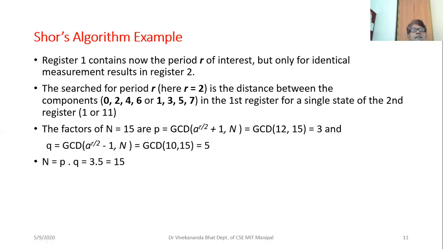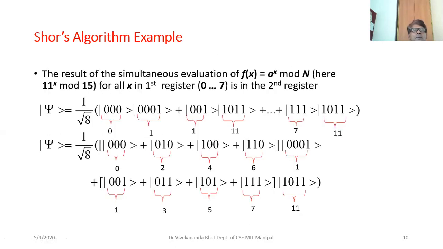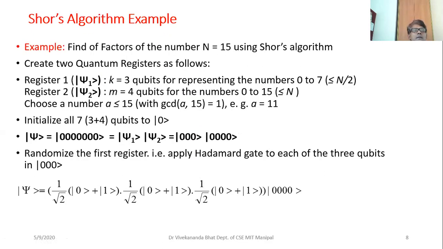So in this algorithm, one of the crucial steps is you have to make use of two registers, and you have to use qubits to represent register 1 and 4 qubits to represent register 2.